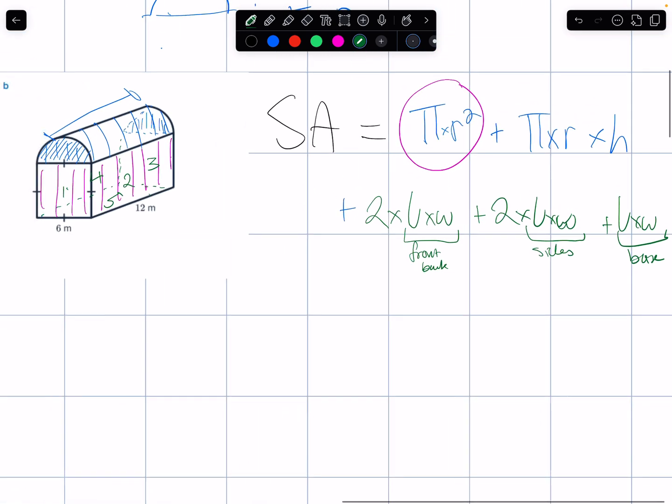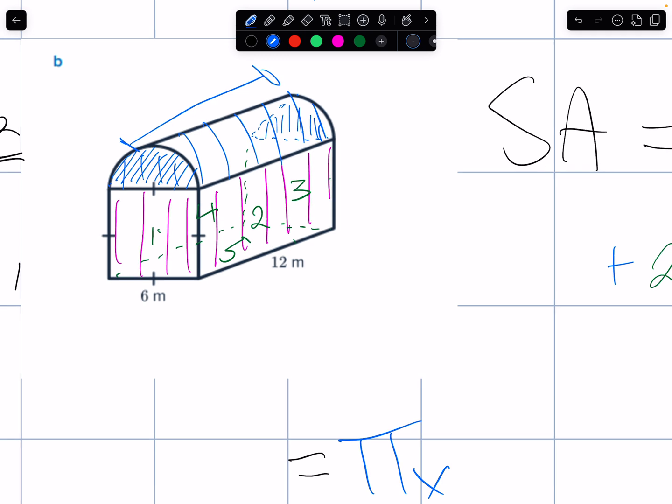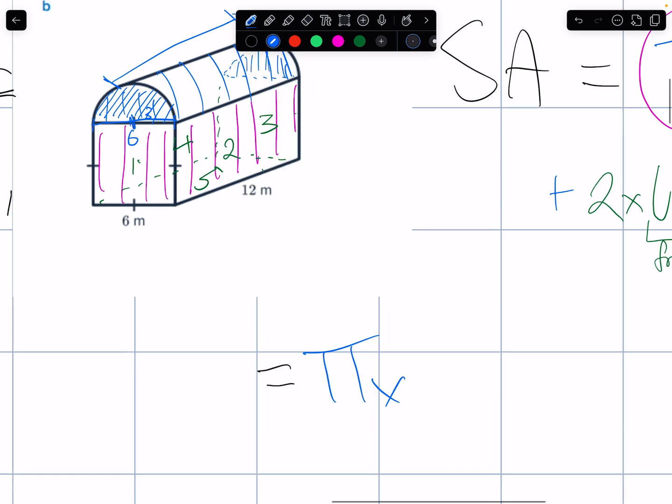All right, now we can kind of plug all that in now. So I'm just going to kind of write start over here. Okay, so pi, in fact, I'll go back to blue. This part here, pi times our radius. Now our radius is half the circle. So if this is 6, this is 3. So our radius is 3.